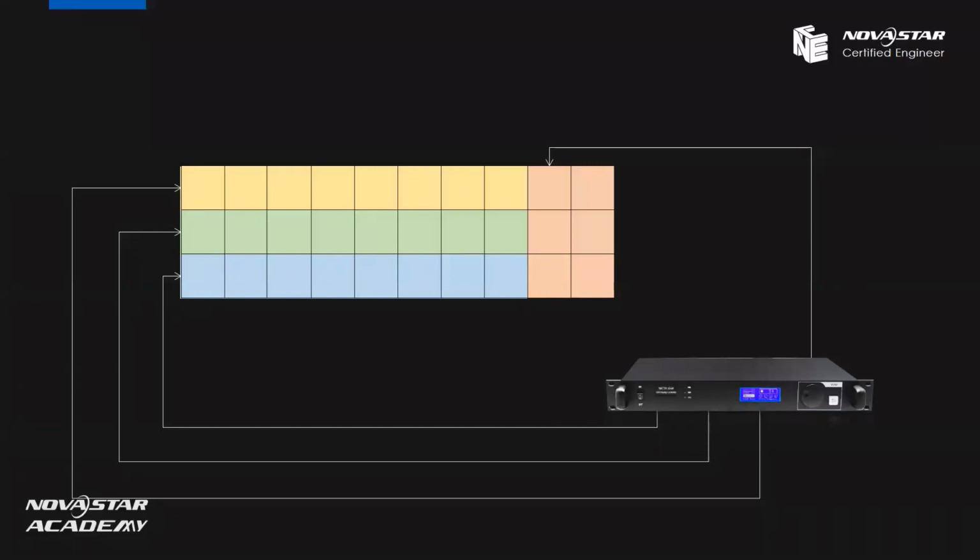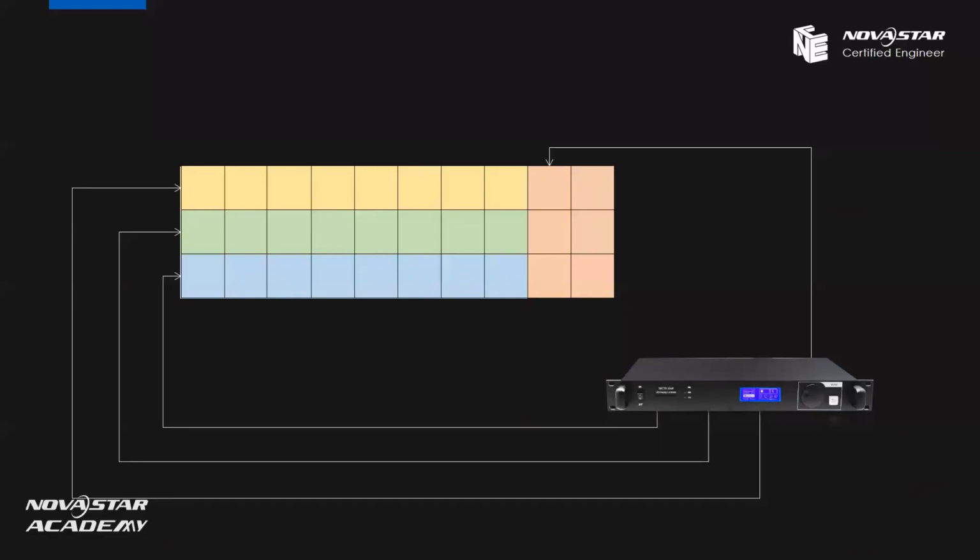Now, let me do a summary here. Today, we have learned the smallest unit of the LED screen, the basic structure of the LED control system, and how to calculate the loading capacity. And at last, we also learned how to design a solution.